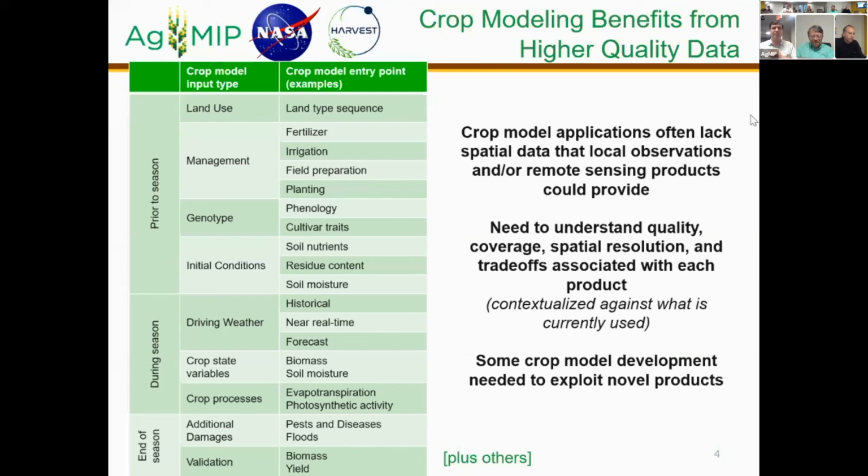But there is room to improve in any one of these areas, not only in terms of the products that might go into a crop model, but also the way that the crop models receive those products, the specific types of implementations in the model itself, or data assimilation systems, or when we get to the end of season, maybe the way we combine different sources of data to have a final set of products. And of course, this is just a sample. We know that there's others here.